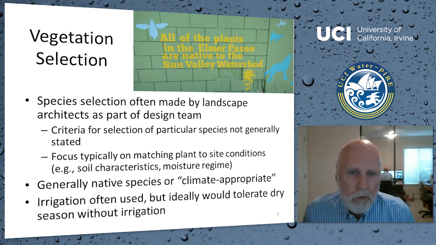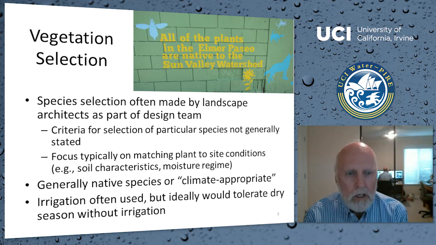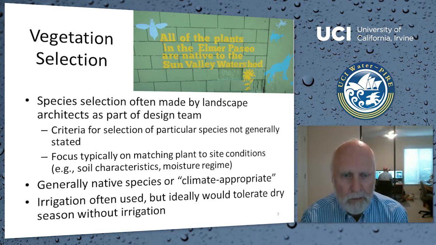So right now, what's happening when people select vegetation is it's usually done by landscape architects as part of a design team. And if you try to understand how they picked the plants that they picked, you'll find that there's generally not clear criteria.